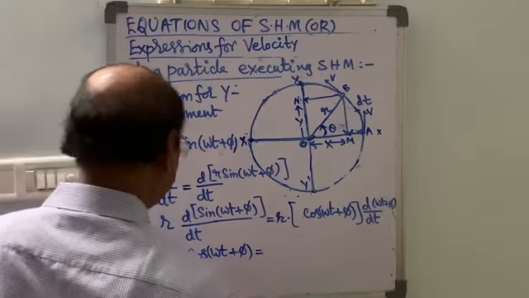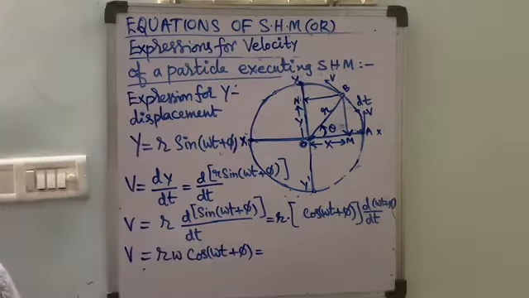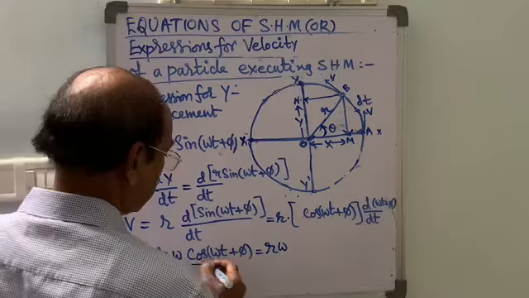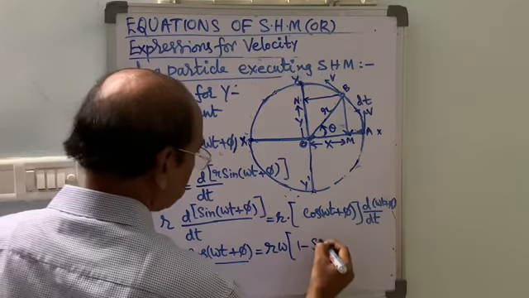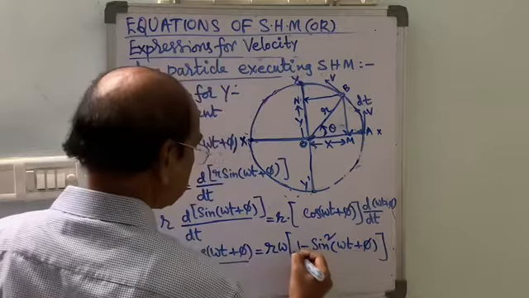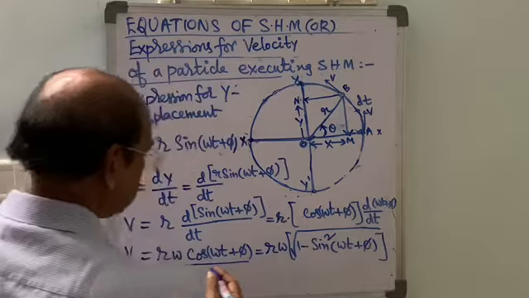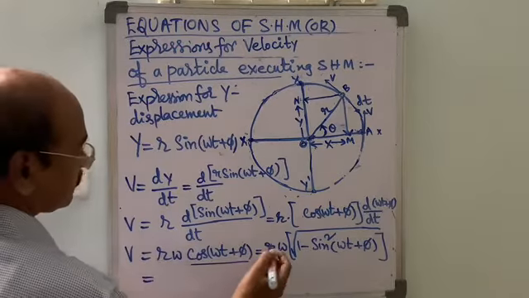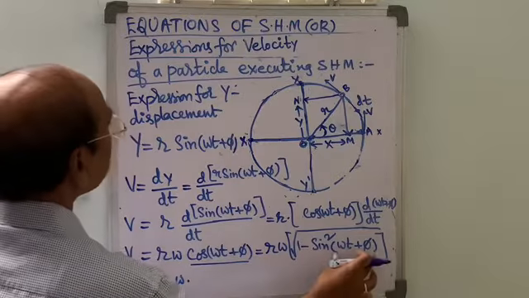Now this may be written as R omega, where cos is written as under square root of 1 minus sine square. Therefore, R omega into square root of 1 minus sine square(omega t plus phi).